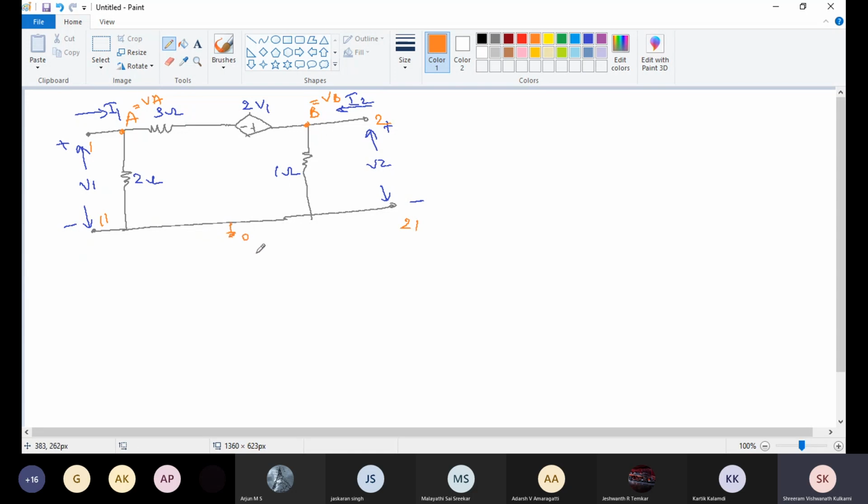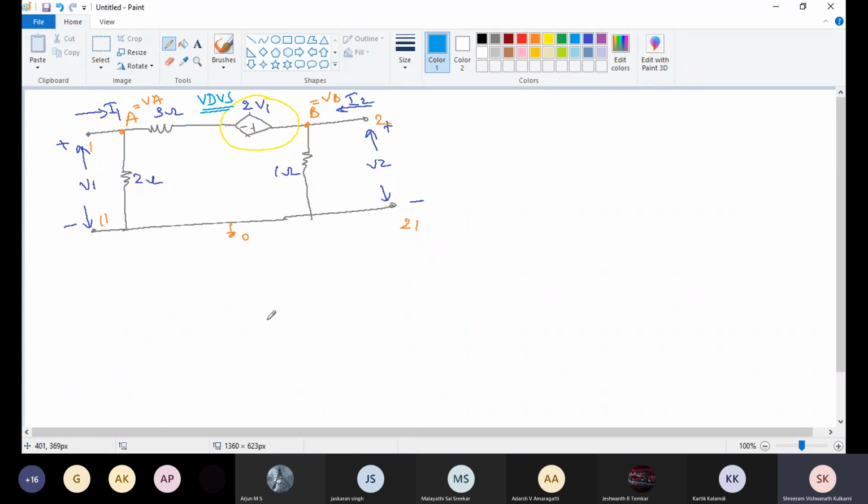If this is my reference node, which type of source is this? VDVS, voltage dependent voltage source.